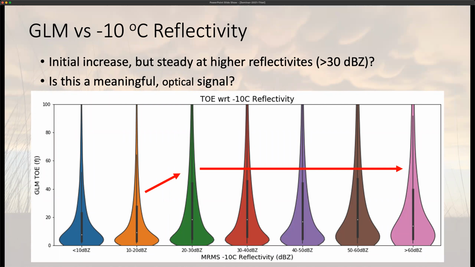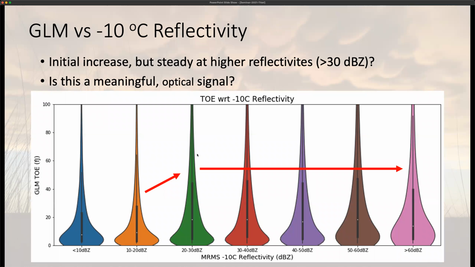So we'll first start by looking at the GLM data versus the negative 10 degrees Celsius isothermal reflectivity. What we've done within these violin plots is we've taken all of our GLM data and binned it by every 10 dBz in reflectivity and presented those within the violin plots, looking at the changes in the total optical energy as a function of reflectivity.